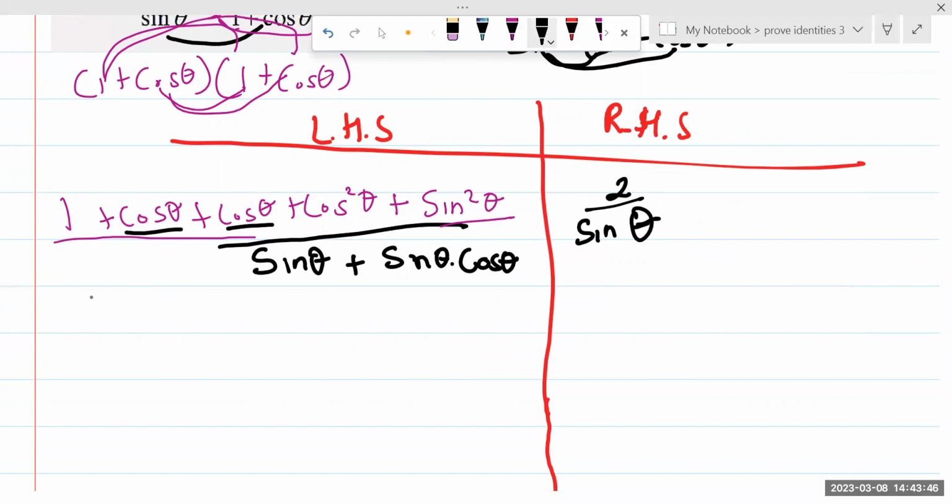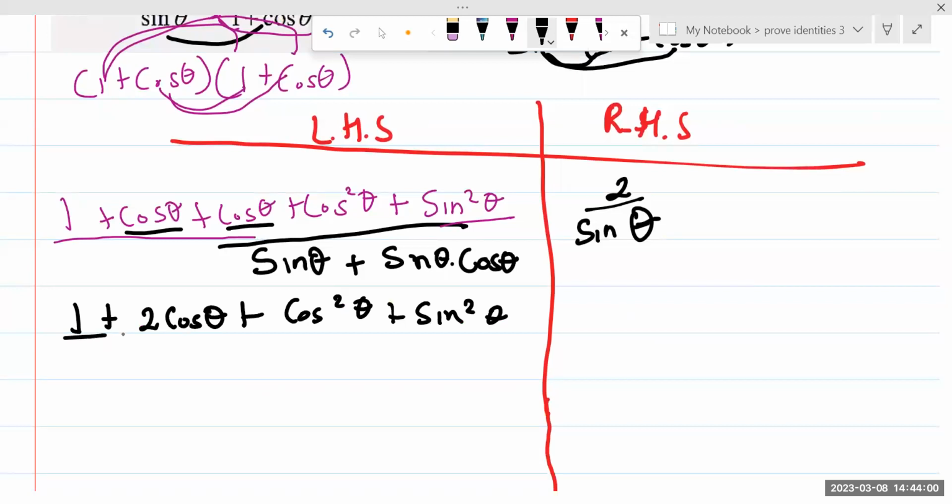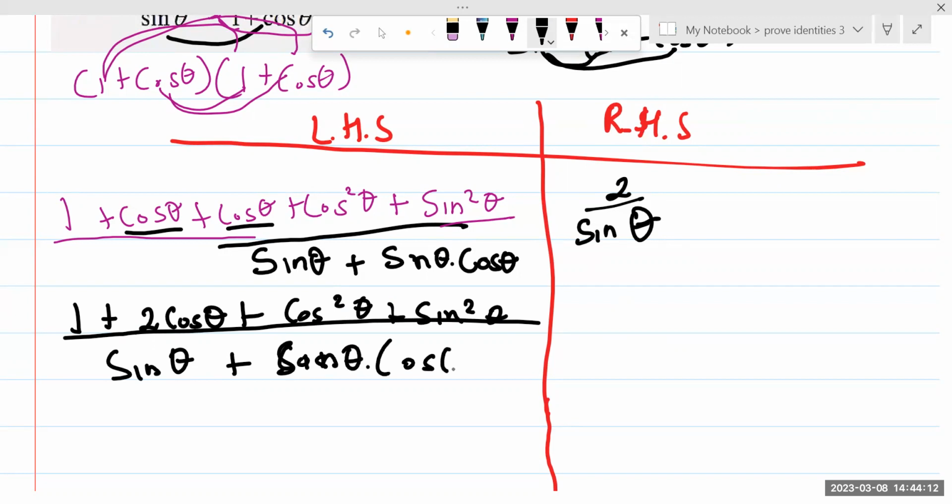Yes. And then we'll come and say we have 1 plus, if we add these two, they're going to give us 2 cos theta. Yes. Plus cos square of theta plus sine square of theta, all over the sine of theta plus the sine of theta multiplied by the cos of theta.